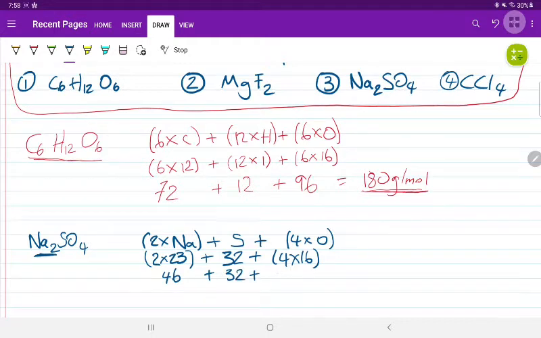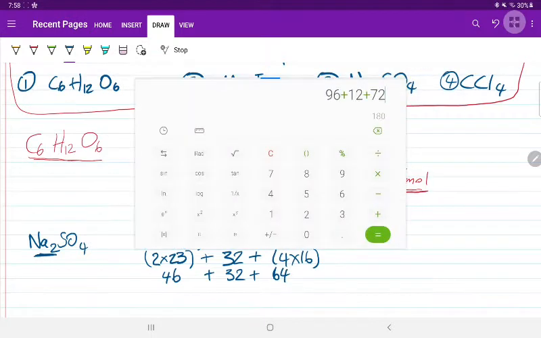And 4 times 16 is 64. So 46 plus 32 plus 64, 142.